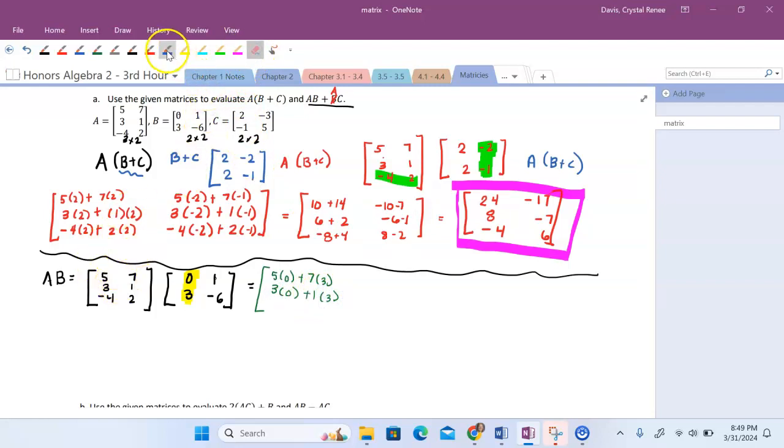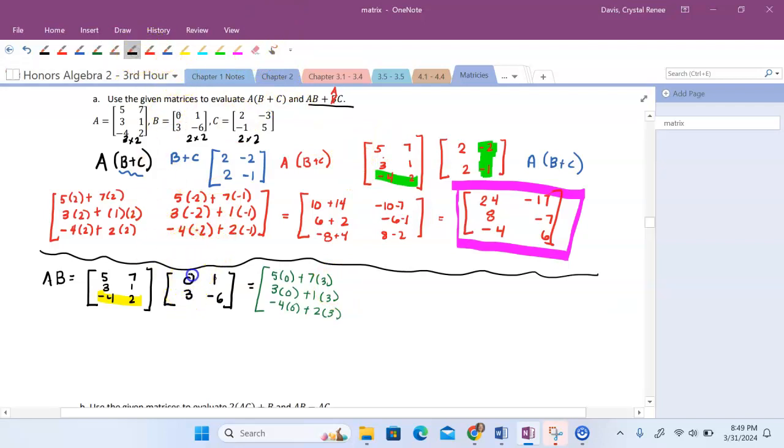Then the third row, negative 4 times 0 plus 2 times 3. So that's my first column of my product matrix. I'm done with the first column here.